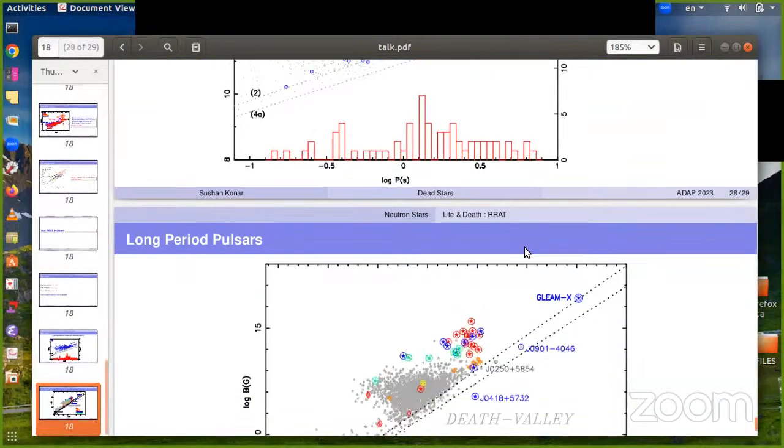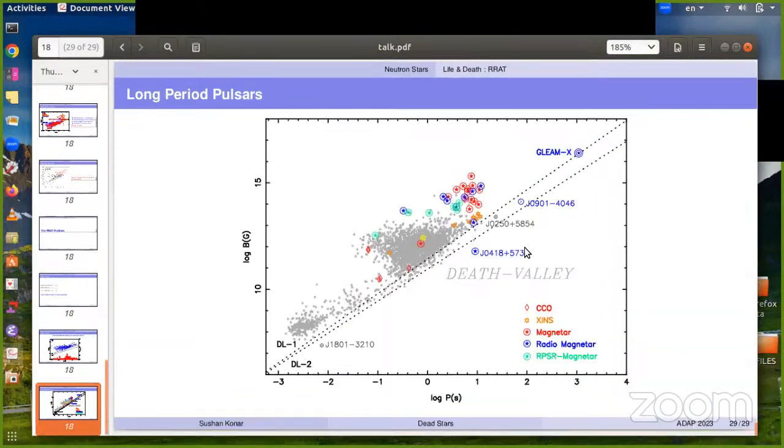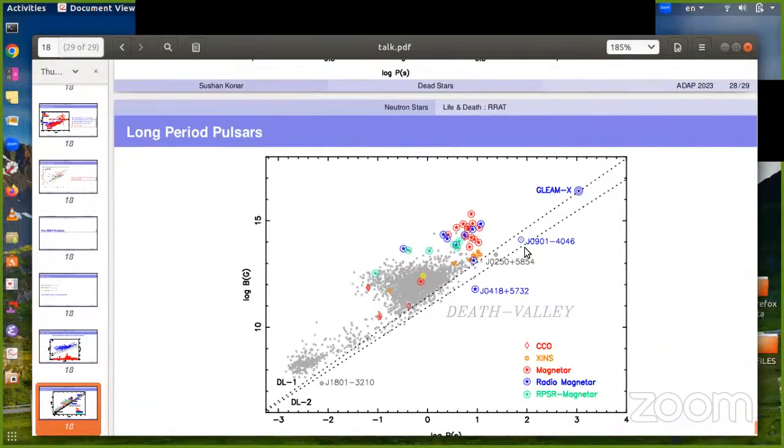Now what should we do? This is something that I wanted to flash: there are a number of very slow radio pulsars with strong magnetic fields which are being discovered recently.